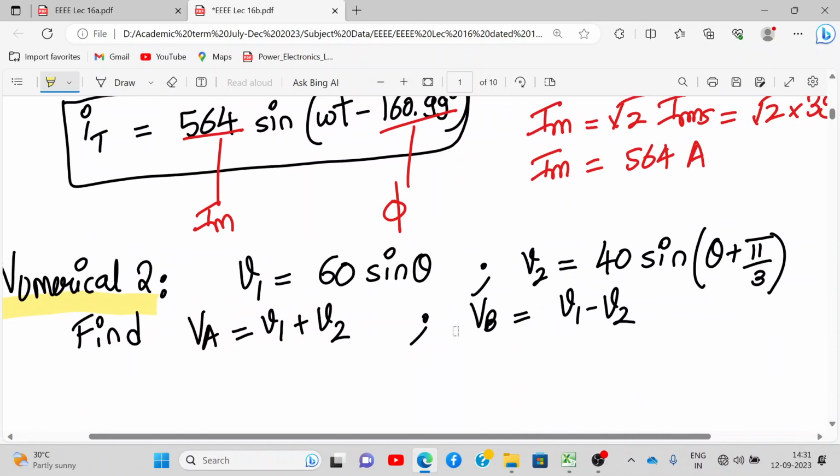V1 is 60 sine theta, V2 is 40 sine of theta plus pi by 3. Pi by 3 is 60 degree, right? Find V1 plus V2 and V1 minus V2. That is VA and VB.